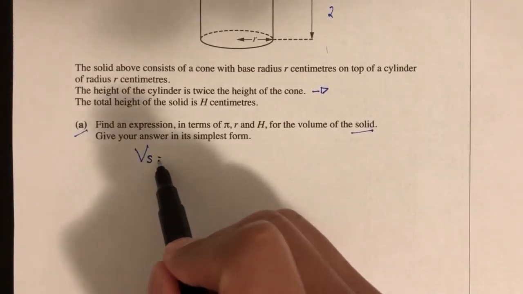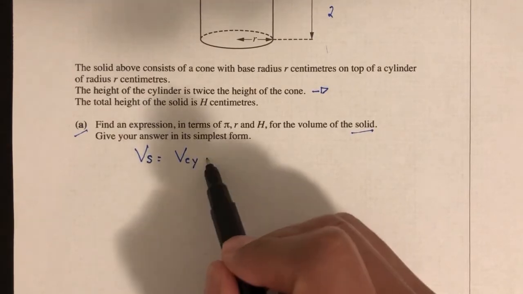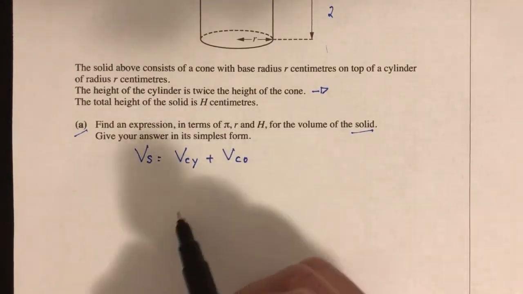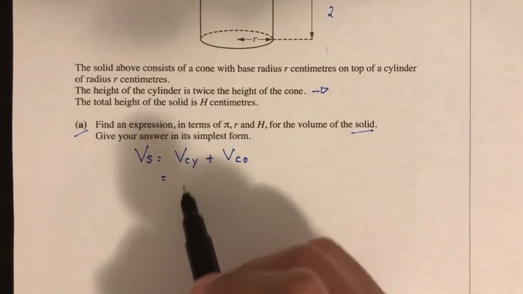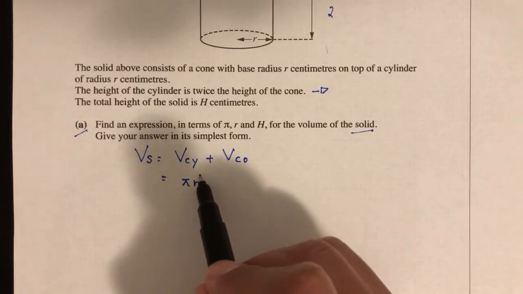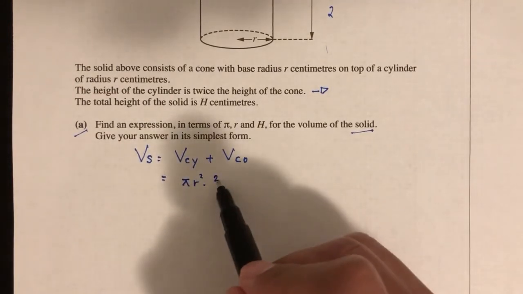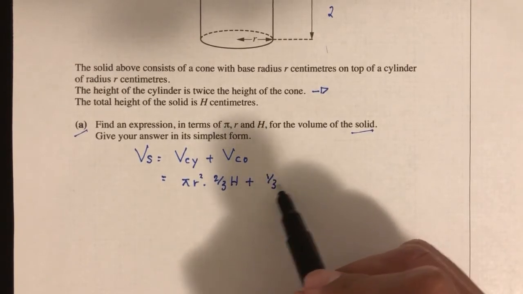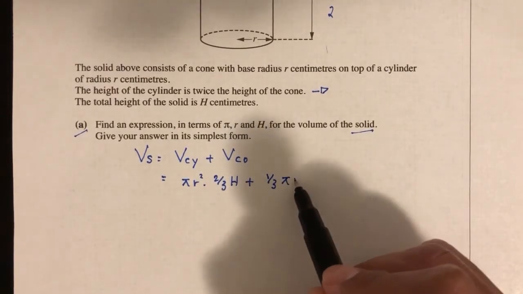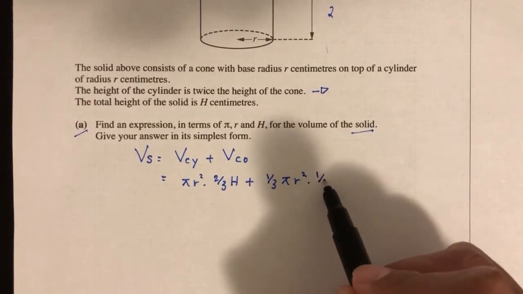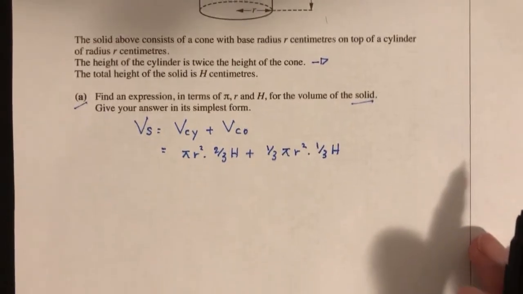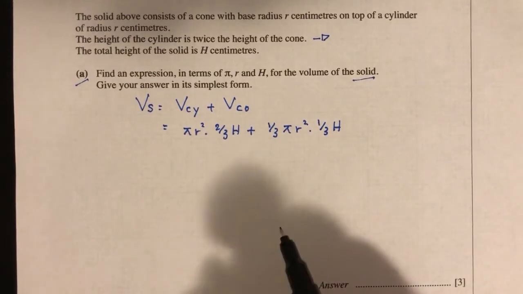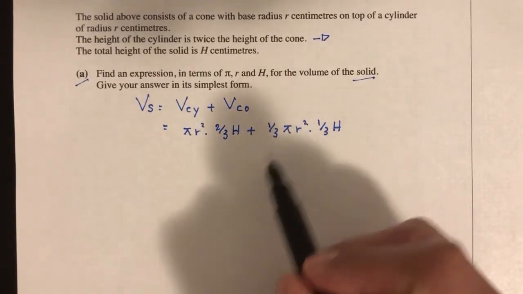Volume of solid is volume of cylinder plus volume of cone. So one by one, volume of cylinder is pi r squared, h is 2/3 h, plus cone will be 1/3 pi r squared, h is 1 over 3 h. So let's just simplify this. What do we have? So these are equal.